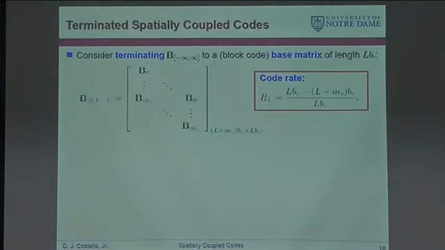Now, this part of this lecture is a little technical. I won't give you an exam on it, okay? I want to say something about distance properties of these convolutional ensembles built from protographs.